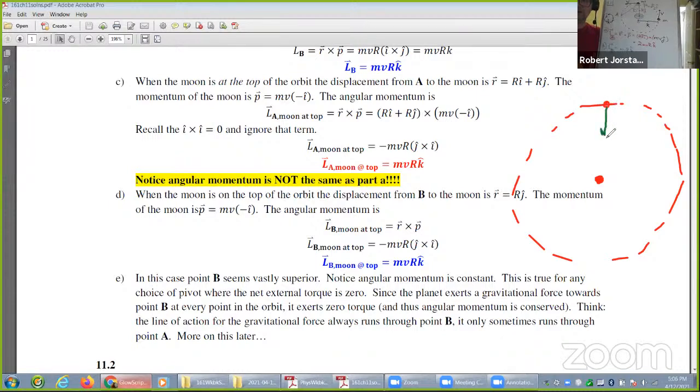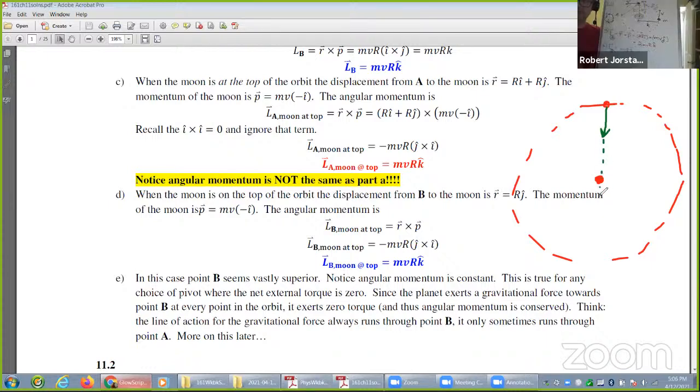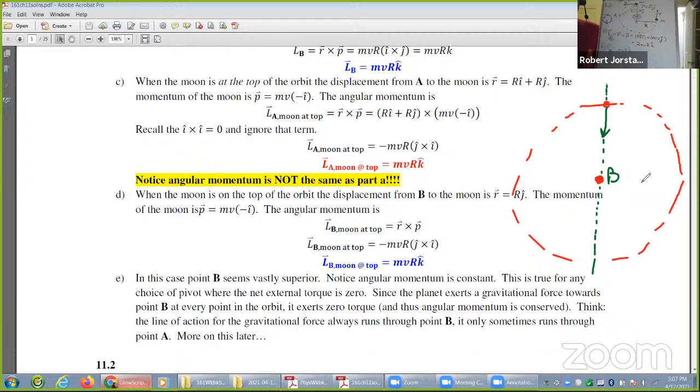Straight towards the center. Notice, does the line of action go through the pivot if the pivot point is point B? Yes. That's the trick. If there is a spot where the force goes through the pivot point, that's the obvious pivot point to choose for an angular momentum problem.